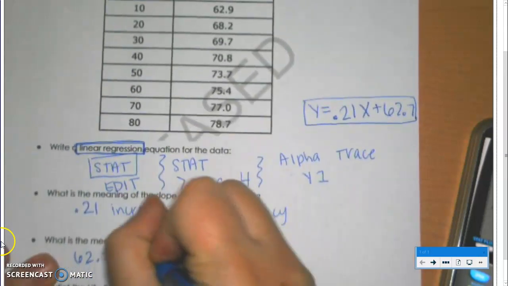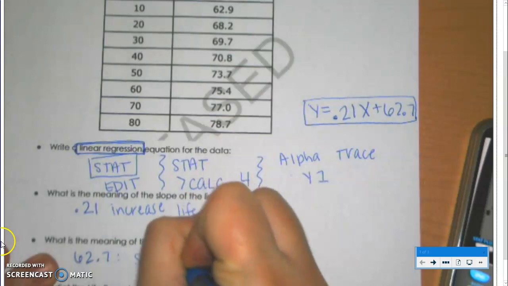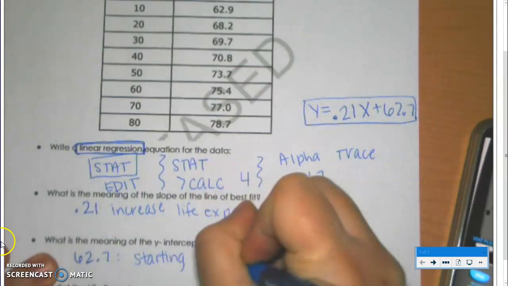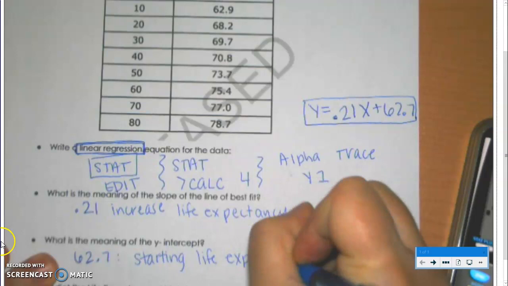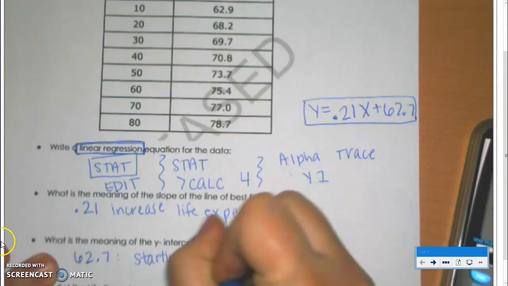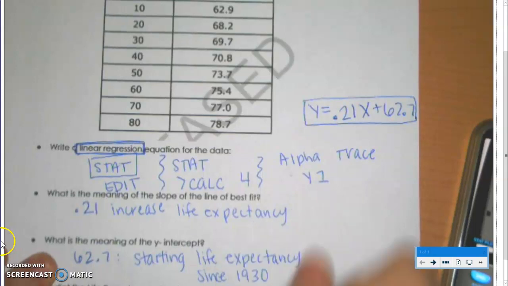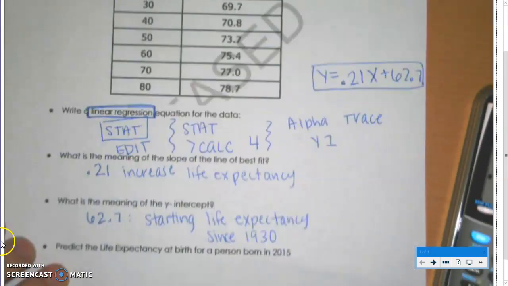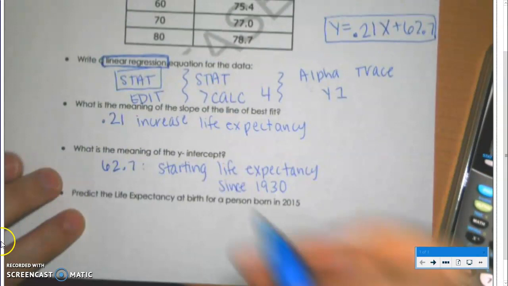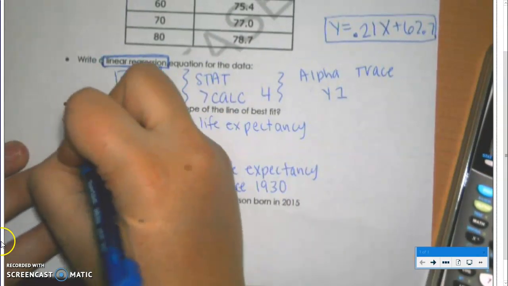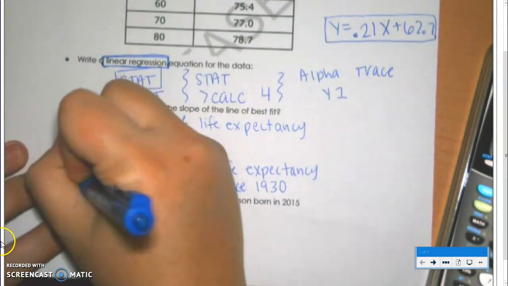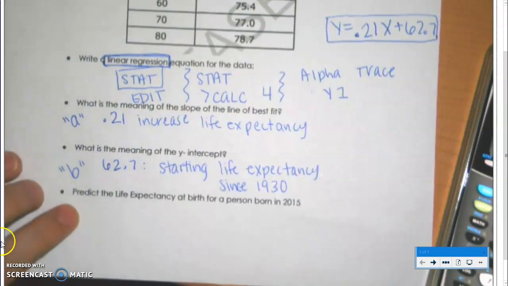So that's the starting or initial life expectancy since 1930. But the slope is the A number and the y-intercept is the B number.